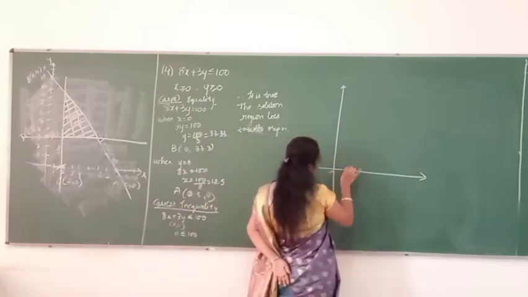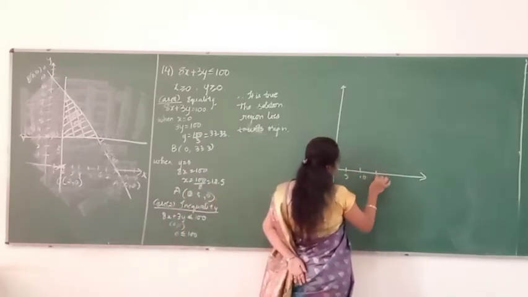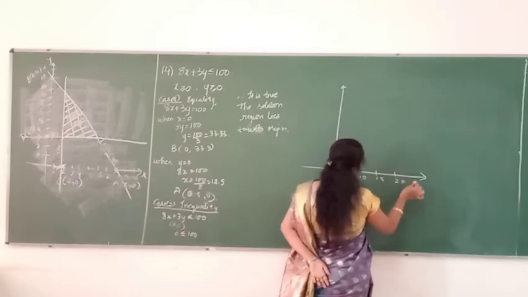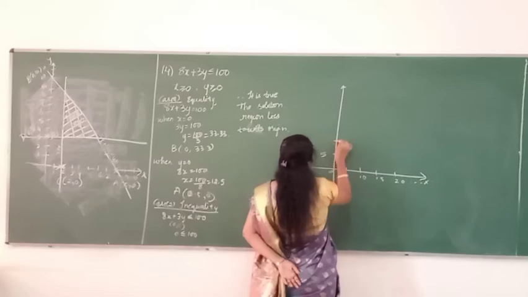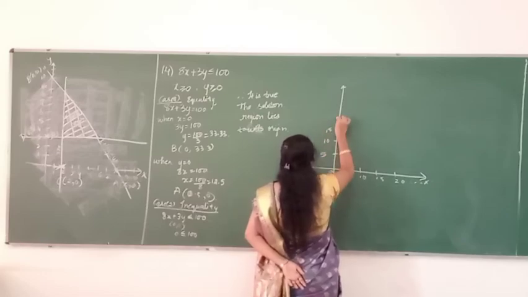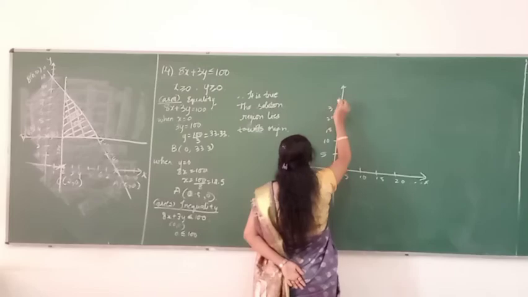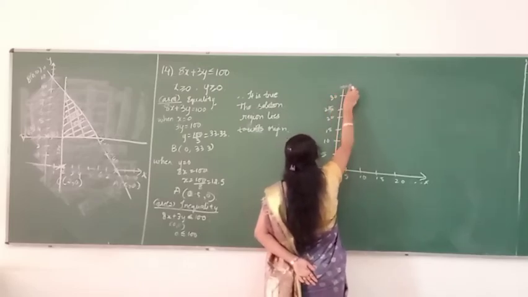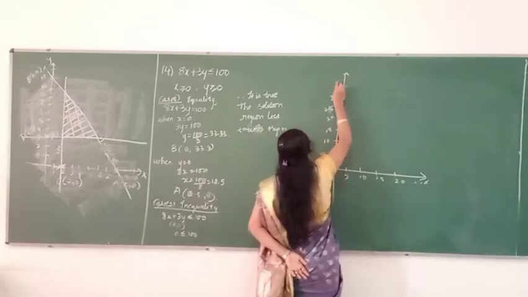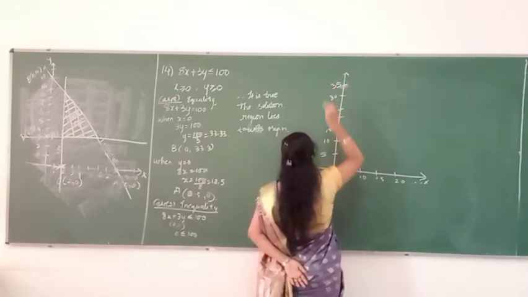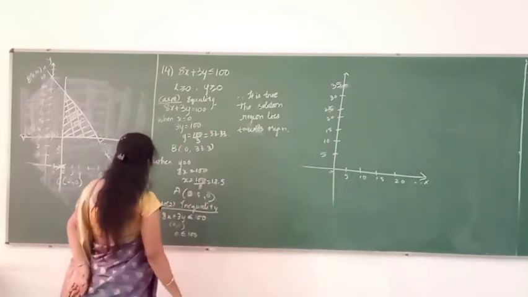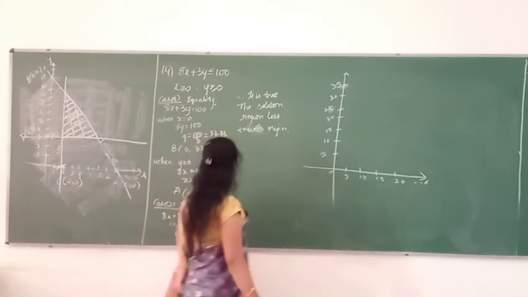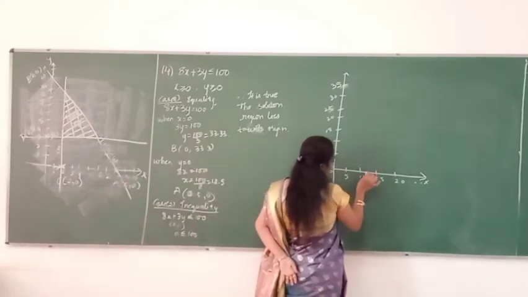So the x-axis I consider as 5, 10, 15, 20, and so on, and the y-axis as 5, 10, 15, 20, 25, 30, 35. So here the x coordinate point, which is nothing but 12.5, you will be getting somewhere here.